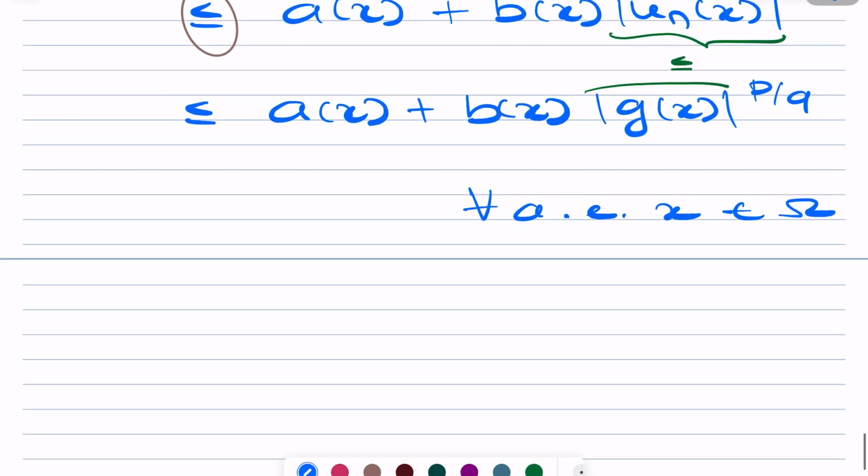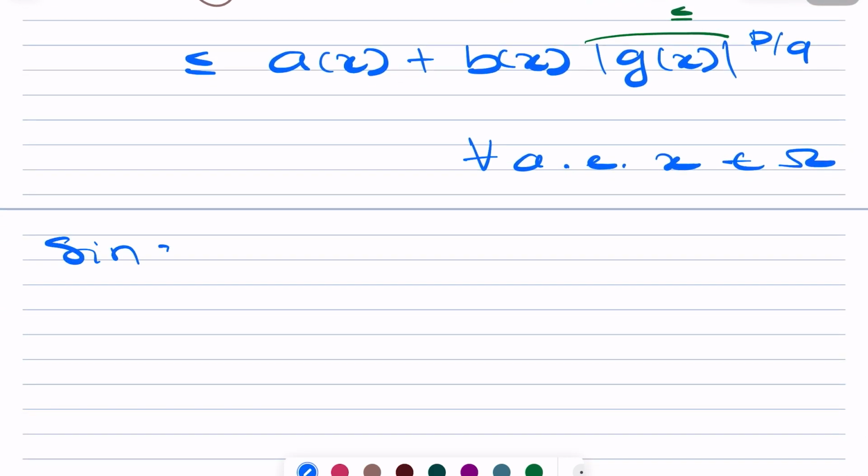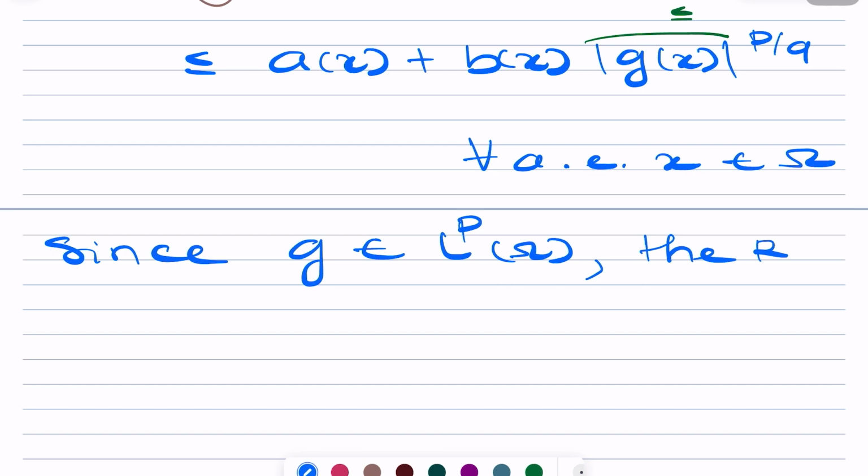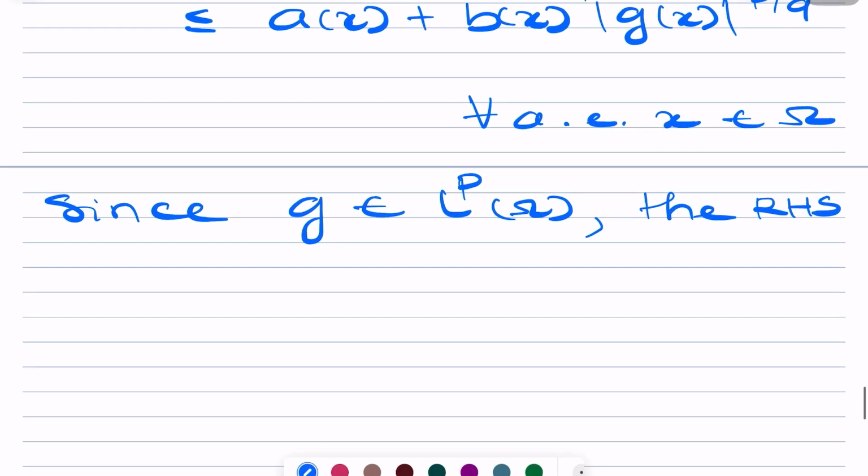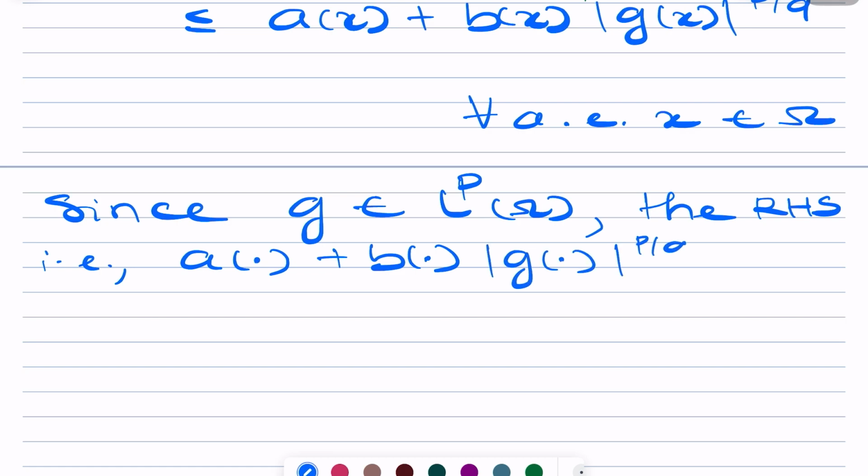Now, since the function g is in LP of omega, then the right hand side, this function a plus b times the absolute value of g to the power p over q, is in LQ of omega.